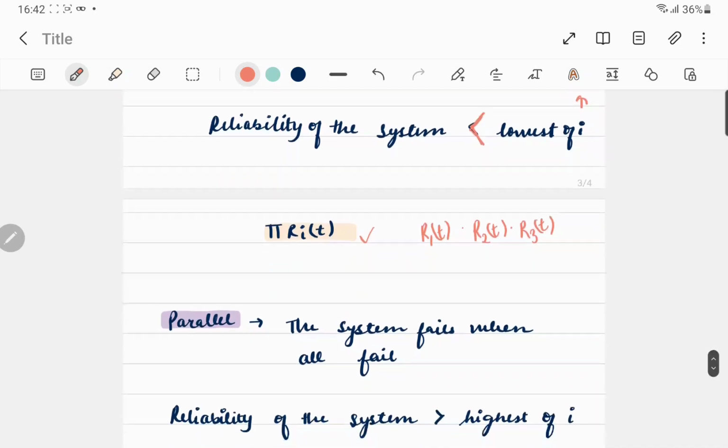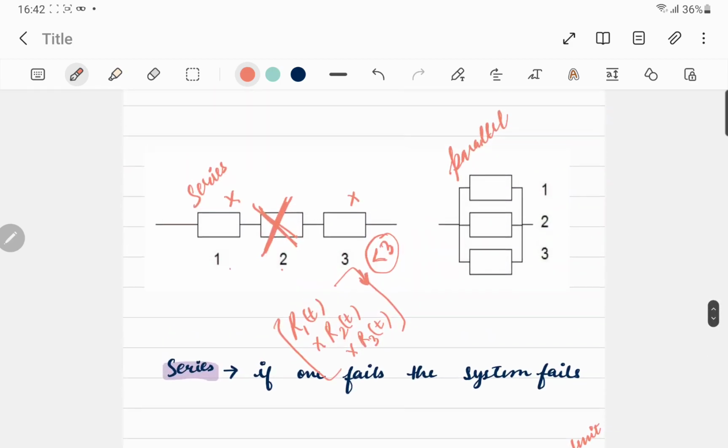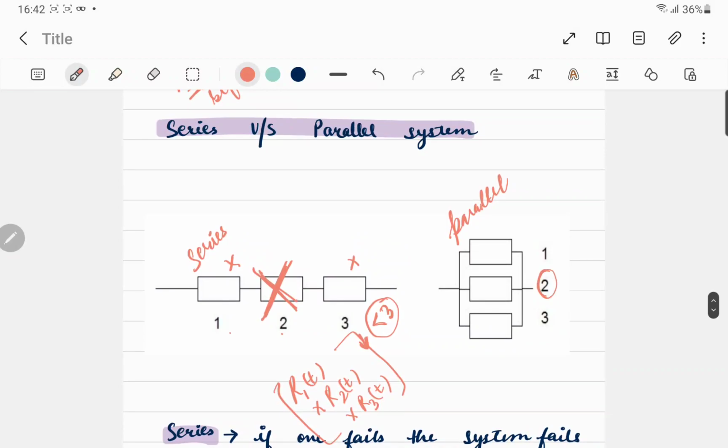Now moving ahead to the parallel system. In a parallel system, as I discussed before, the system fails only when all the units in the system have failed. Okay, and the reliability of the system will be greater than the highest Ri. So of any unit, if we have the highest reliability in the second one, then we will say that the reliability of the system is even greater than the reliability of the second unit.